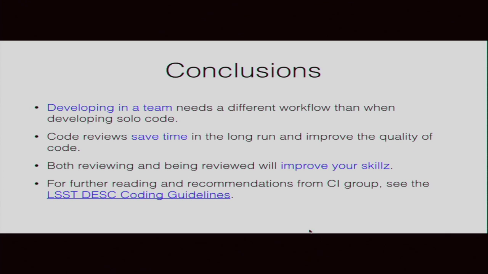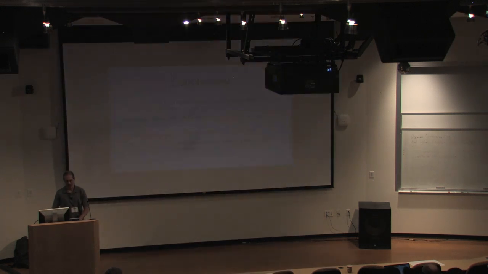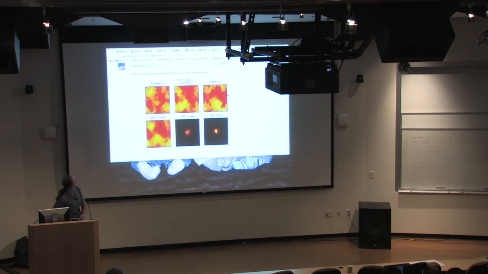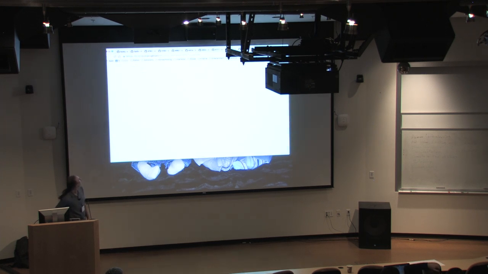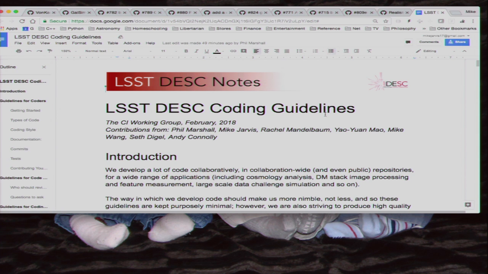For further reading and recommendations, we have this LSST DESC coding guidelines where we've tried to encapsulate more than just the code reviews, but unit tests and documentation, lots of things there, which is now live, I think, in the sense that it's now an official DESC note. So I recommend you guys read through this.